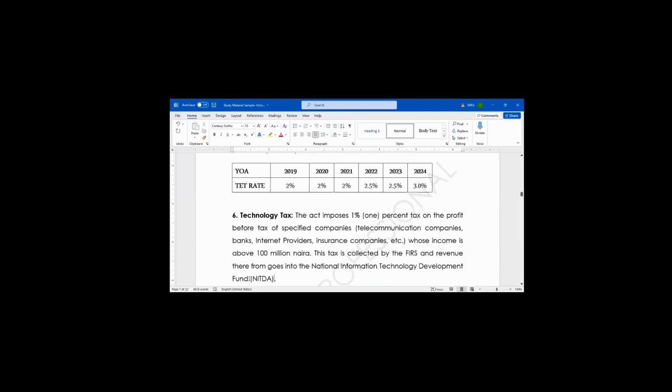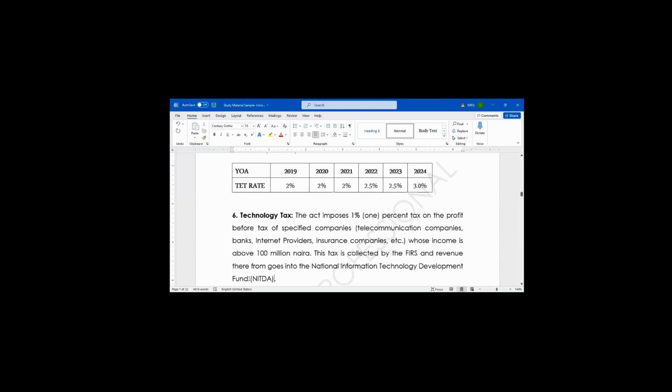This technology tax was introduced, I think, in the year 2010. It is a tax imposed on profit before tax of some specified companies. This technology tax is also administered by FIRS, Federal Inland Revenue Service.